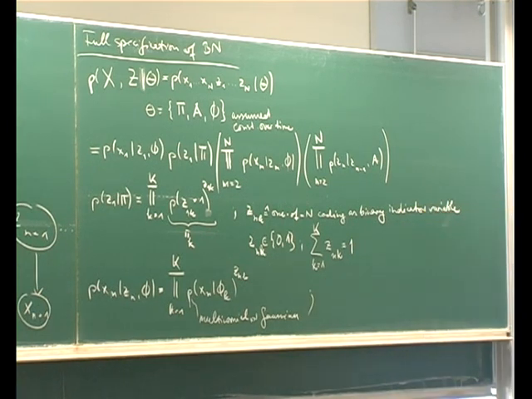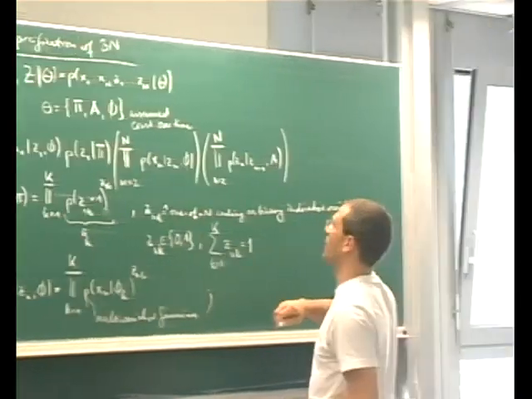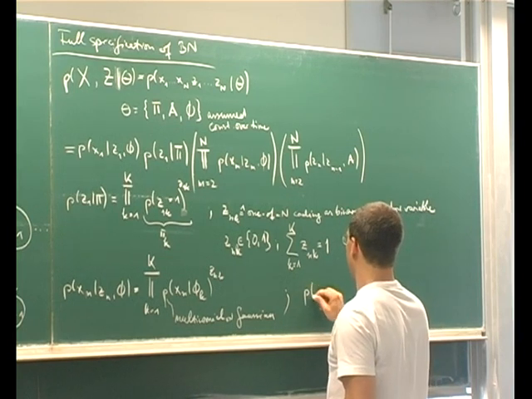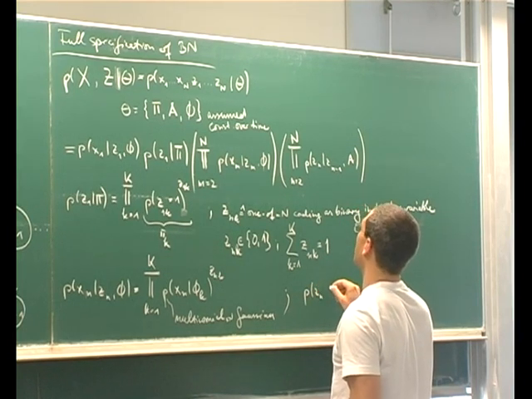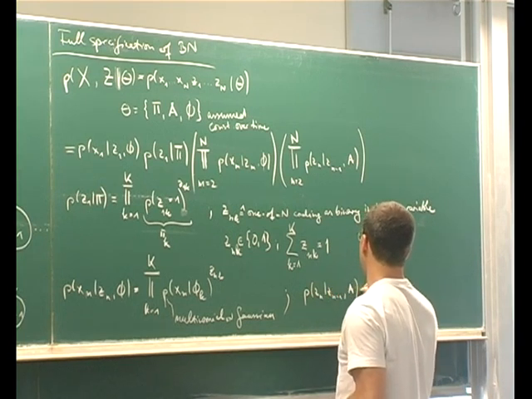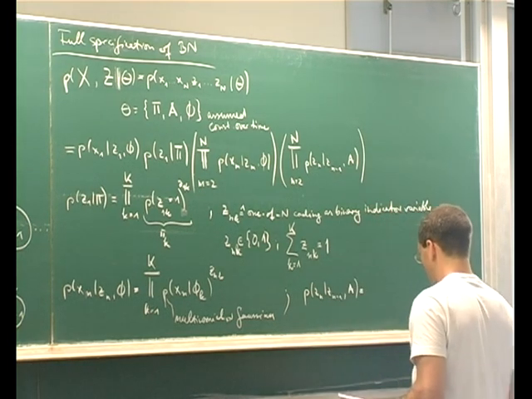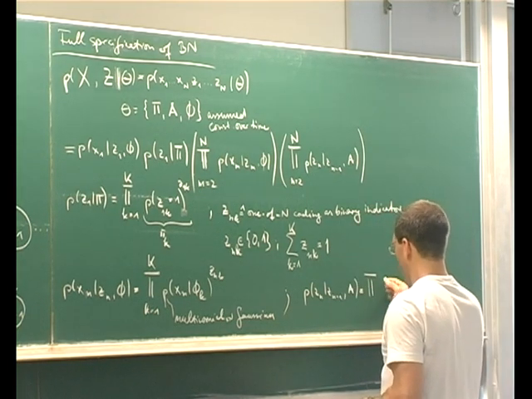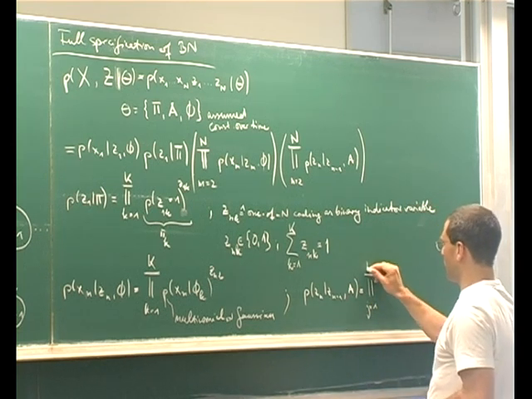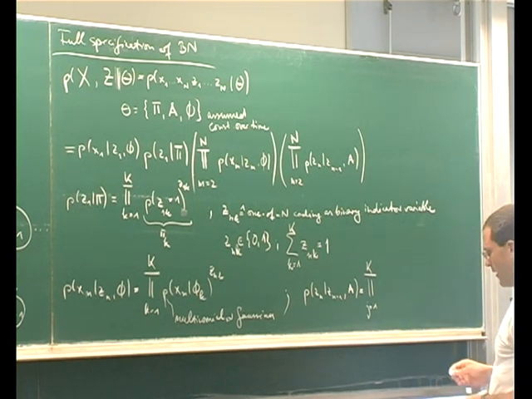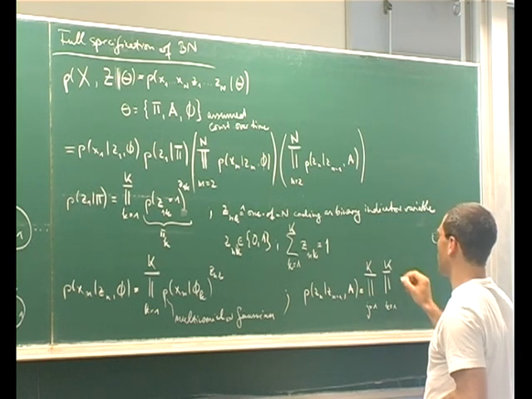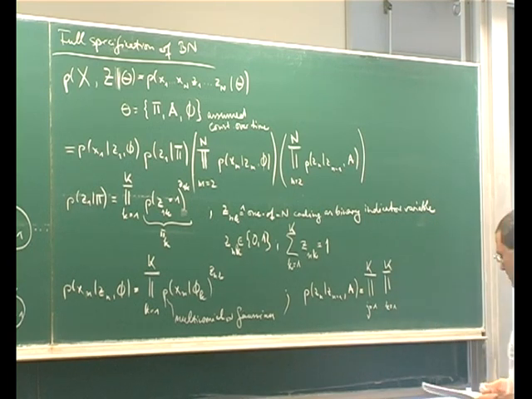Okay, and the last interesting term is this one here. So the probability of z_n given z_{n-1} and A is, and now we have a double product over all the possible states j that we could have been in at time n minus 1, and all the possible states k that we could be in at time n.